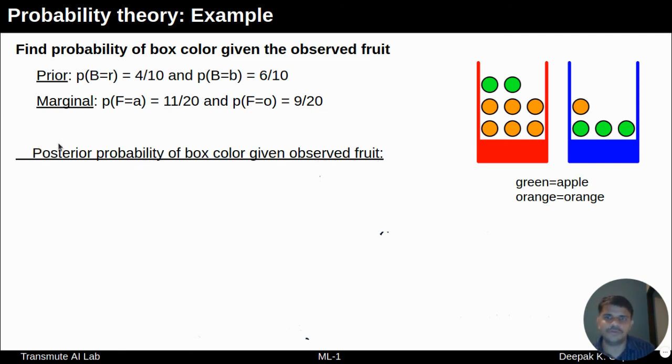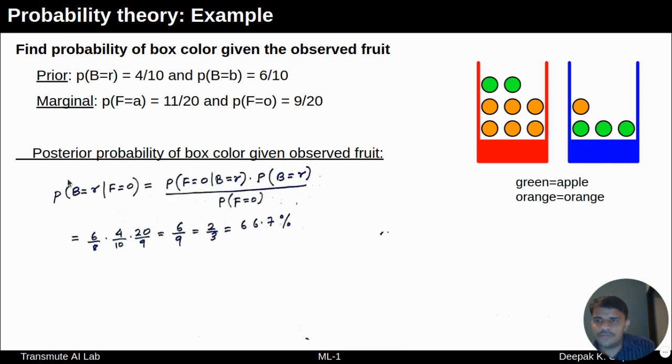This implies we are going to get the Bayes rule in now. We want the probability of the box being red when the fruit is orange, and with the Bayes rule we express it as the probability of fruit being orange given box being red, multiplied by the probability of box being red, divided by the marginal probability of fruit being orange.